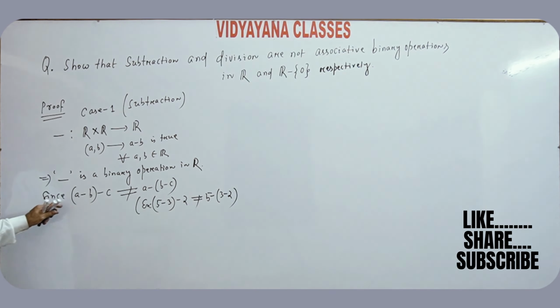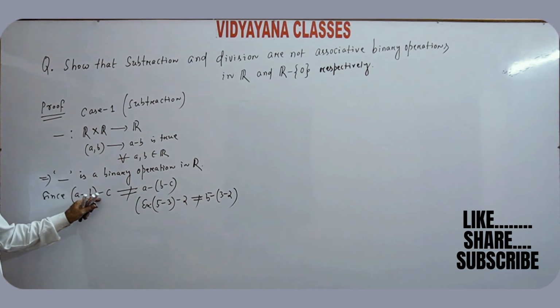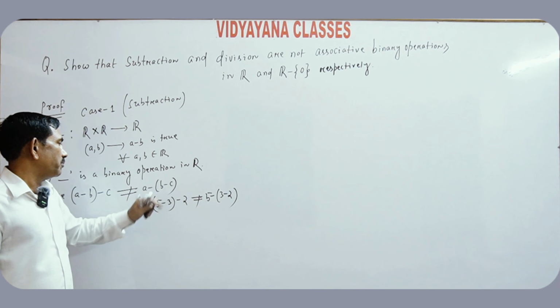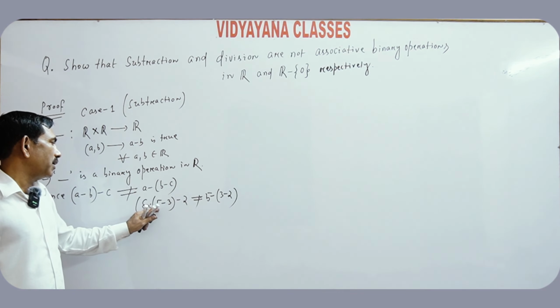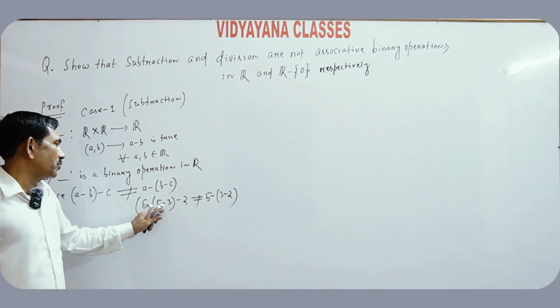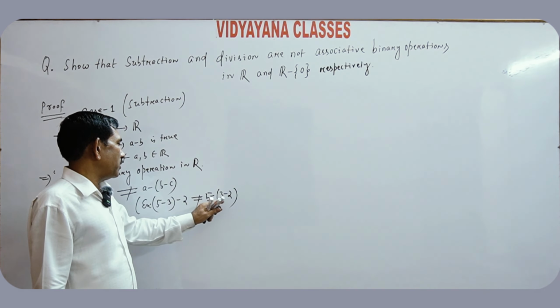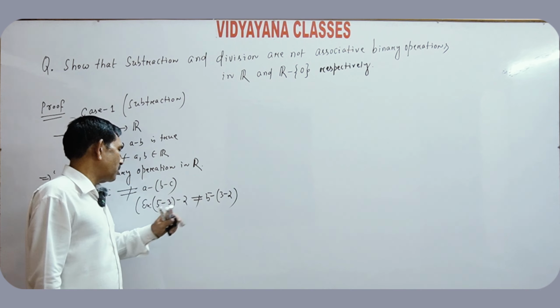Clear? Since (a minus b) minus c is not equal to a minus (b minus c). For example, 5 minus 3 is equal to 2, minus 2 equals 0. Here 5 minus 1 is equal to 4. This is not equal to this.